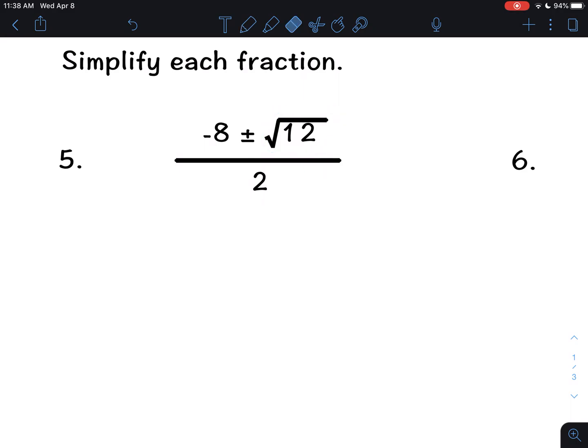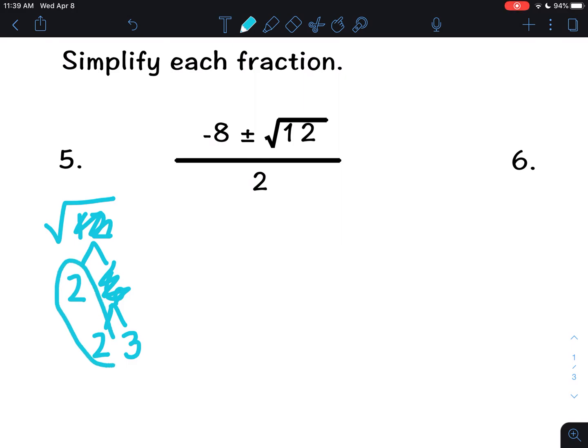So when you do that, you need to break down the square root of 12 into its simplified form, just like we practiced before. 12 is equivalent to 2 times 6. 2 is a prime number. That branch is done. 6 can be broken down into 2 times 3. So the prime factorization of 12 is 2 times 2 times 3.